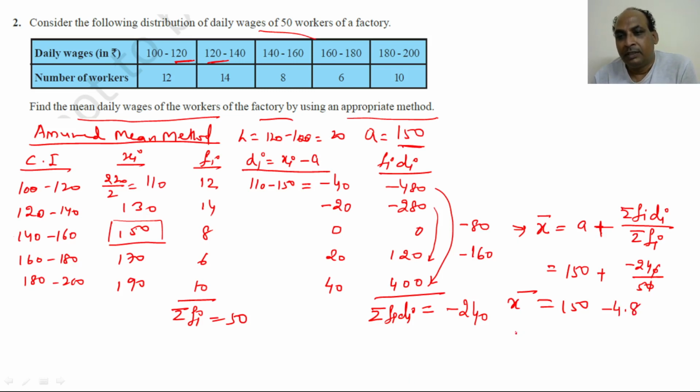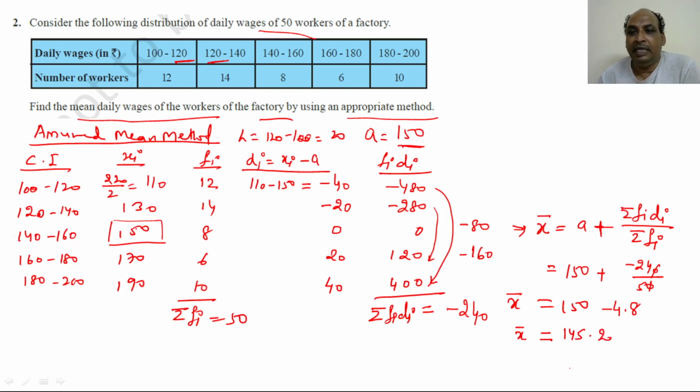Now x mean, x bar, it is called mean. So x mean is equal to 150 minus 4.8, 145.2.